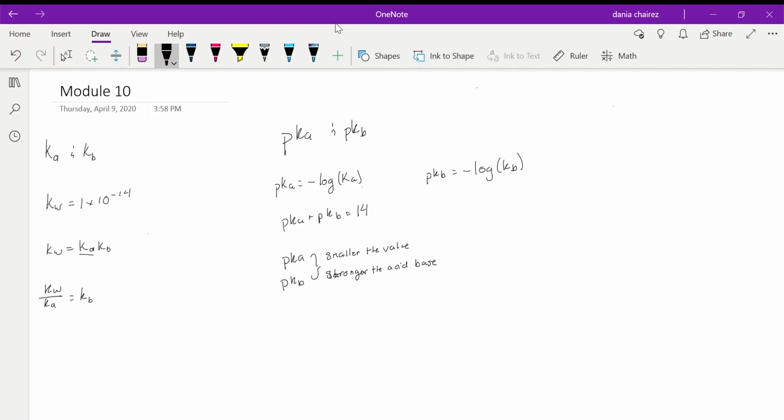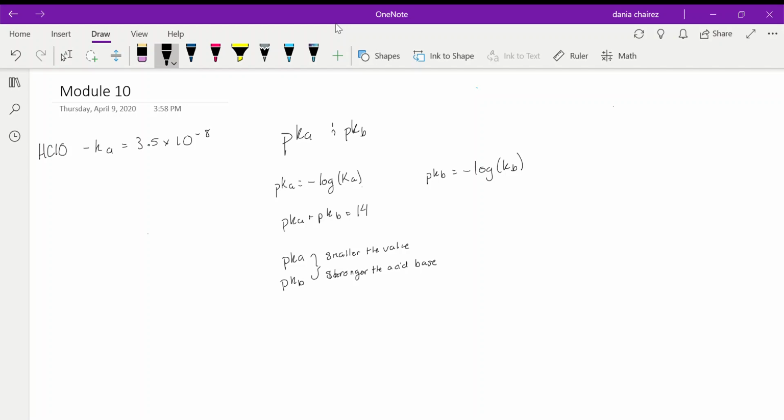So then, let me erase this. So let's do a practice with hypochlorous acid, which is HClO, and it tells me that it has a Ka of 3.5 times 10 to the negative 8.